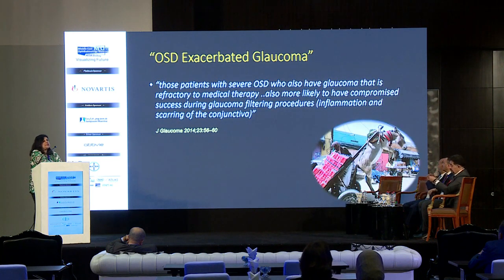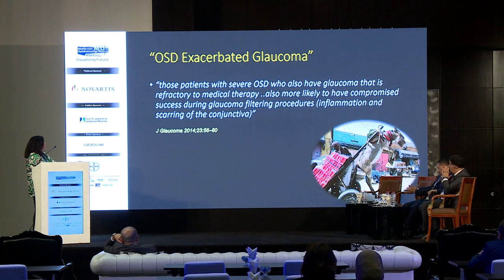So coming over to the next entity, which is the ocular surface disease exacerbated glaucoma, well, these are those patients with severe ocular surface disease who also have glaucoma that is refractory to medical treatment. They're also more likely to have a compromised success during glaucoma filtering surgery by virtue of the very inconspicuous inflammation that has been smoldering in the subconjunctival space, and that will eventually result in scarring for glaucoma filtering surgeries.